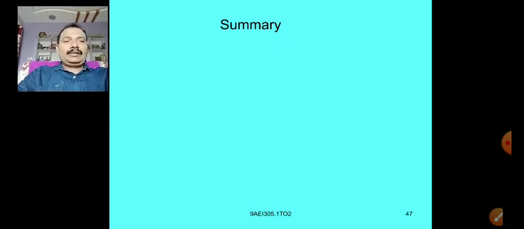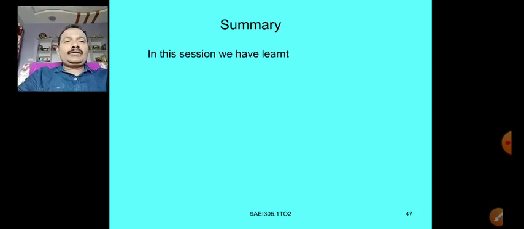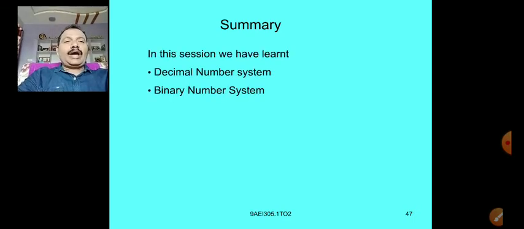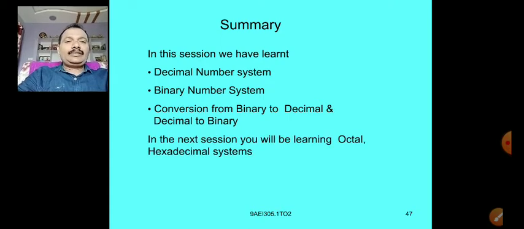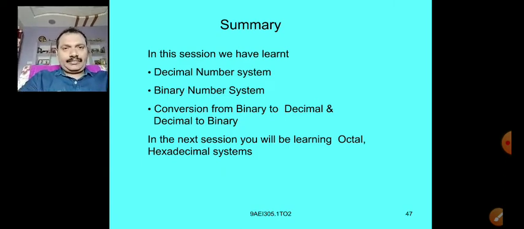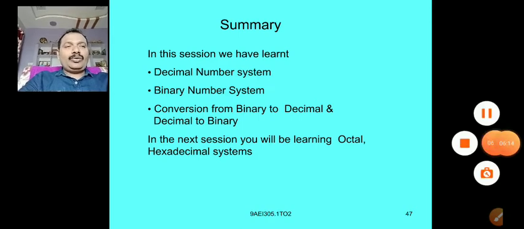So that is the discussion so far. We have discussed decimal number systems, binary number system, conversions from binary to decimal and decimal to binary, and octal conversions and hexadecimal conversions we have done.